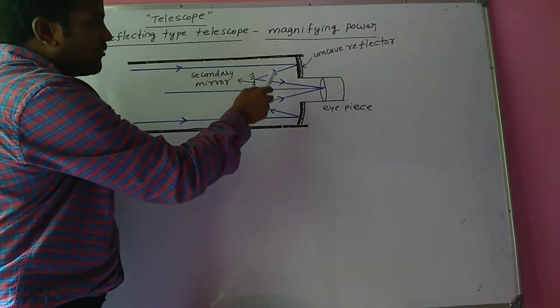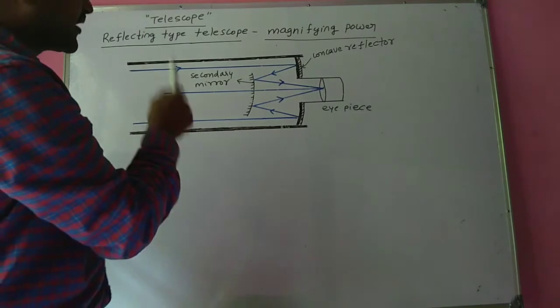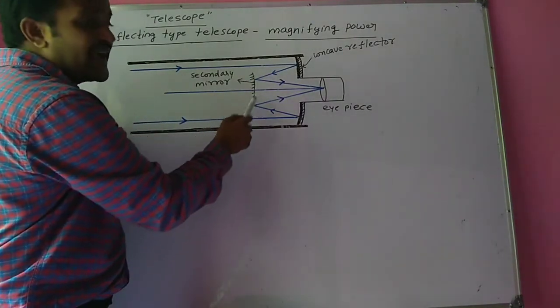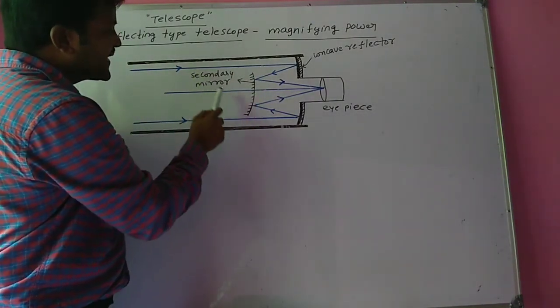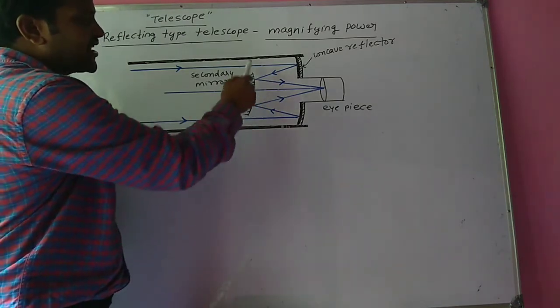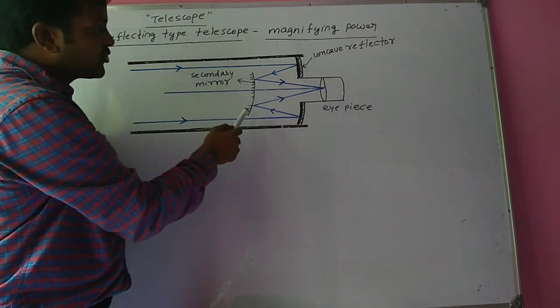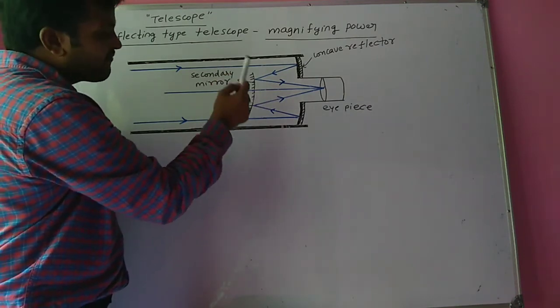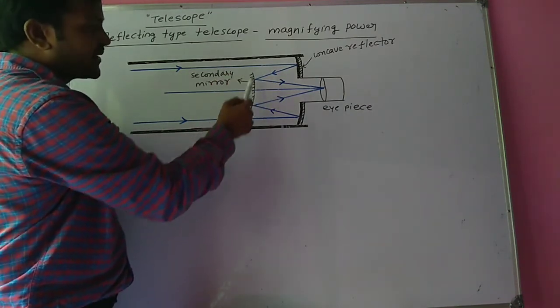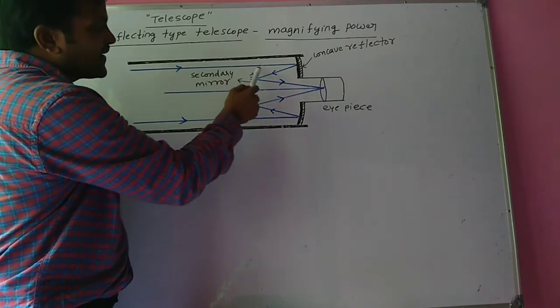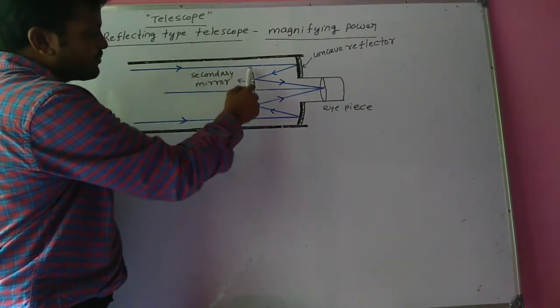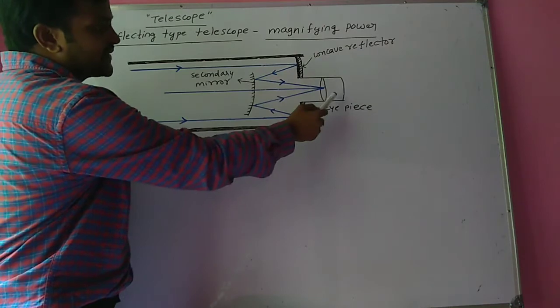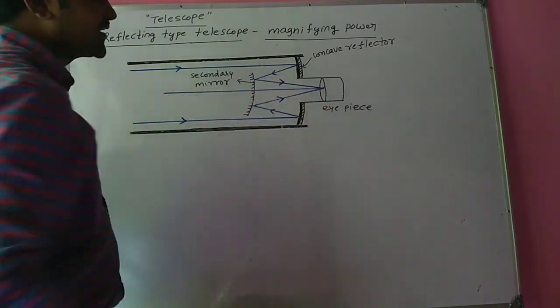Before focusing at the principal focus, they are again reflected by the secondary mirror. The secondary mirror is a convex mirror. So before focusing at the focus, the light rays are again reflected by the secondary convex mirror, and after that reflection they are focused at the eyepiece. The final image is observed at the eyepiece.